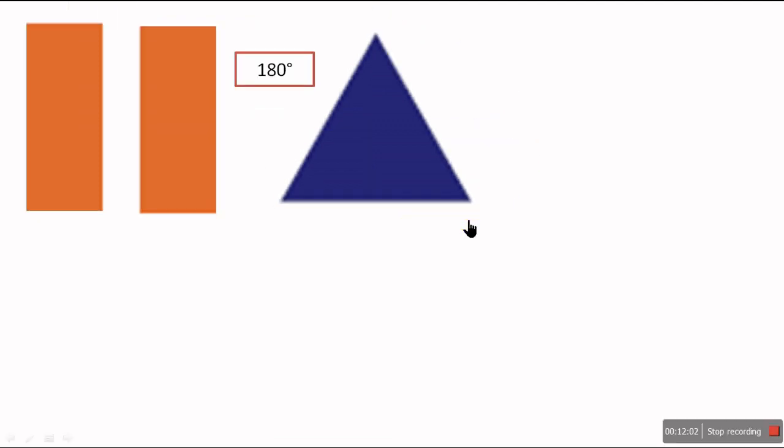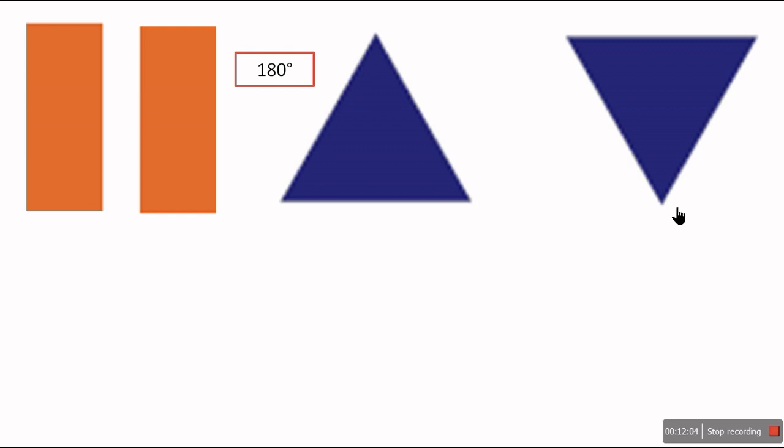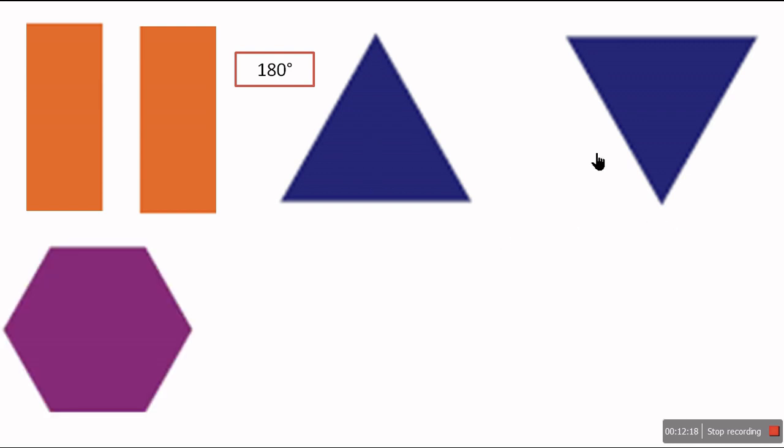Look at this. Now when I have turned it half, one point came down and two came up. So here one vertex was up, here one vertex is down. So after turning half, it changes.